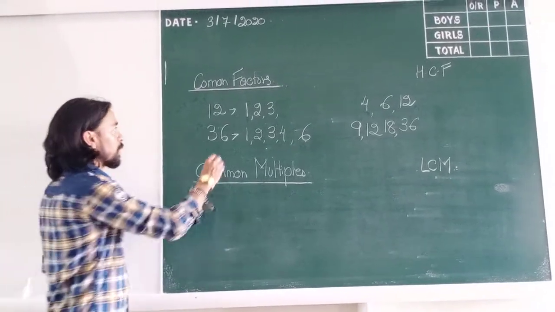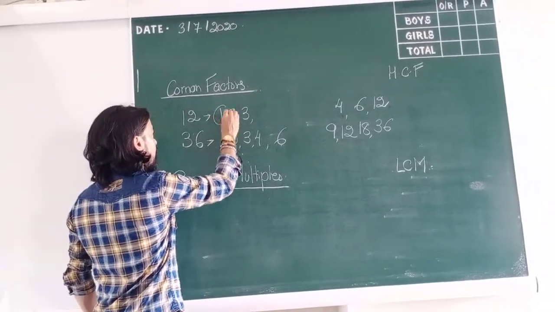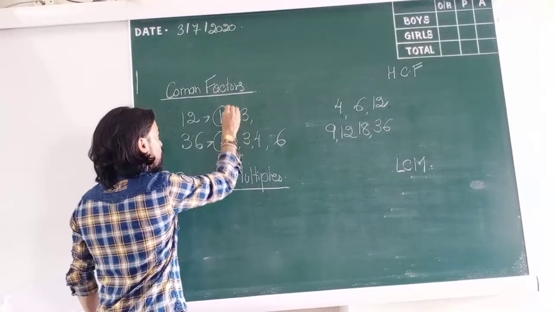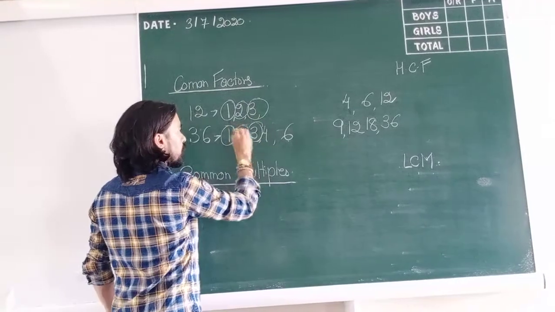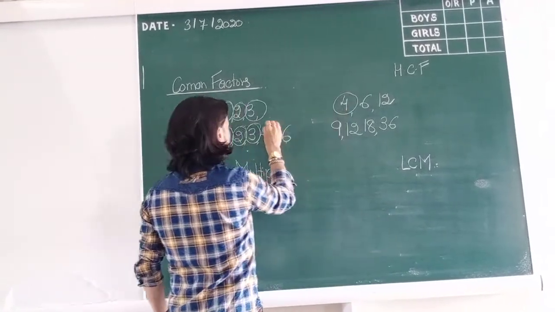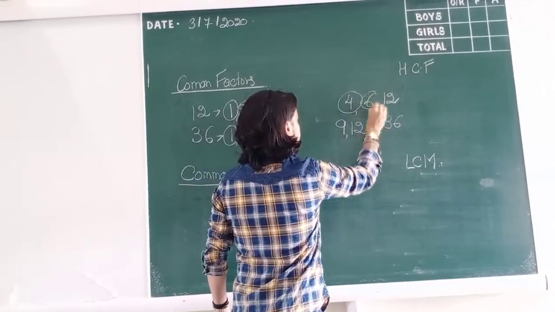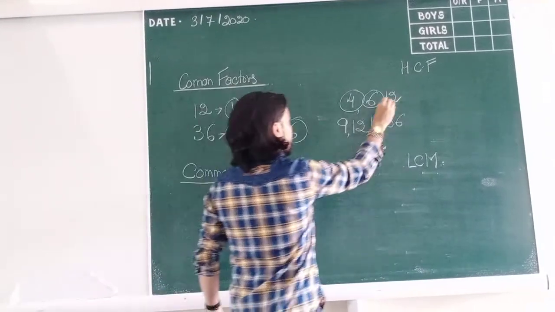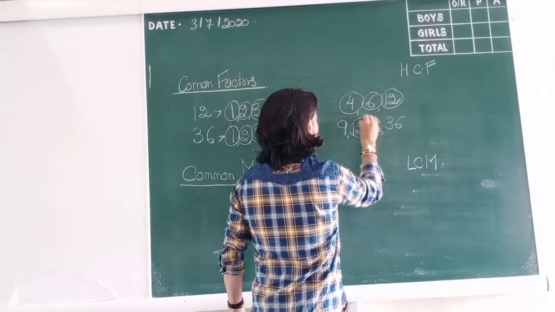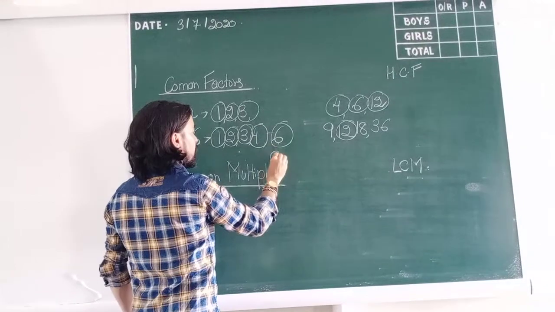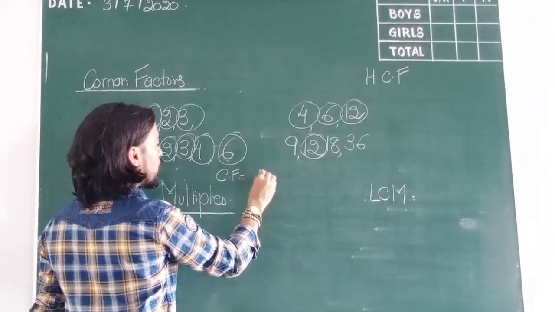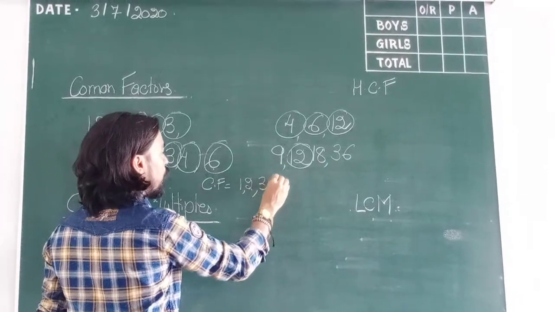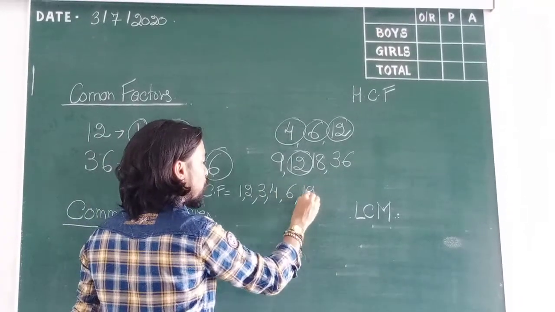Now what are the common ones? 1, 2, 3, 4, 6, and 12. So I can say the common factors of these two numbers are 1, 2, 3, 4, 6 and 12.